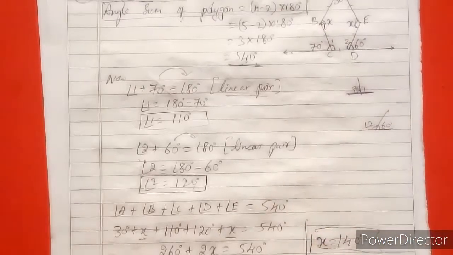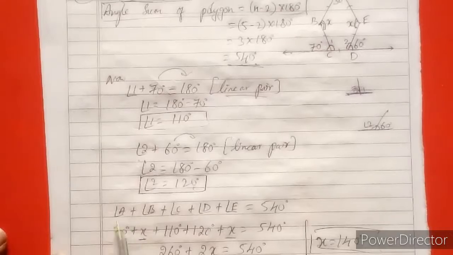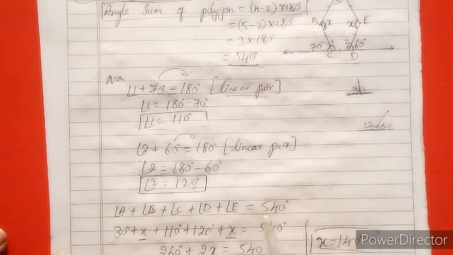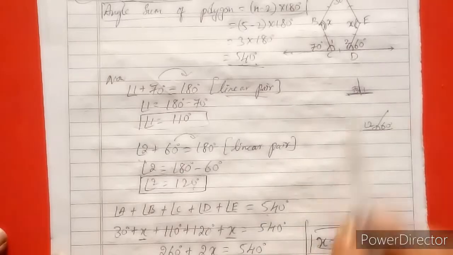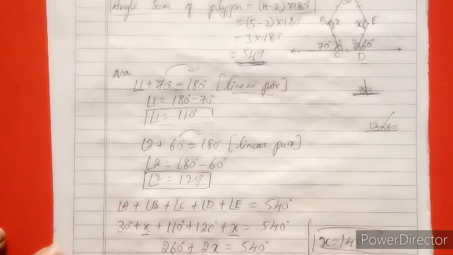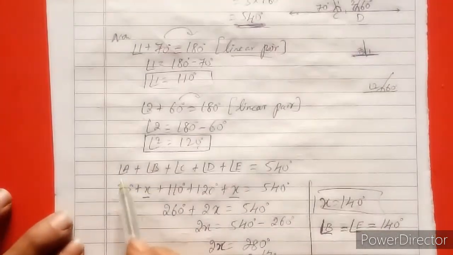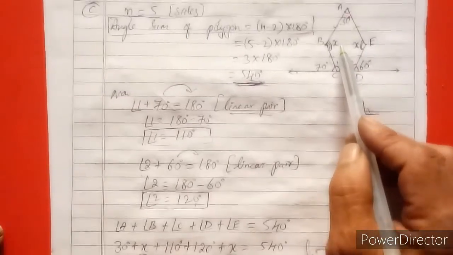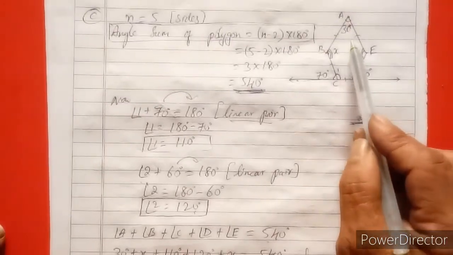According to that, angle A plus angle B plus angle C plus angle D plus angle E is equal to the total sum of the polygon, which is 540 degrees. Angle A is 30 degrees.